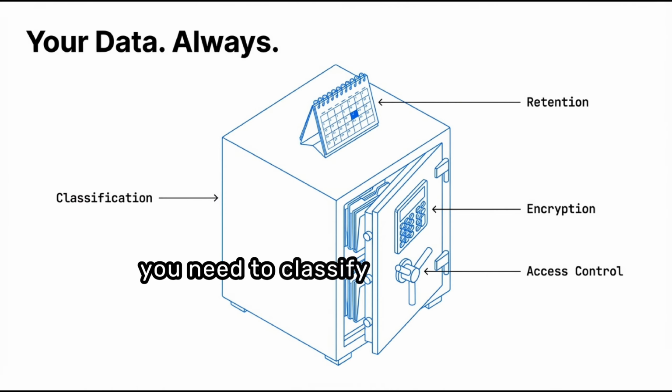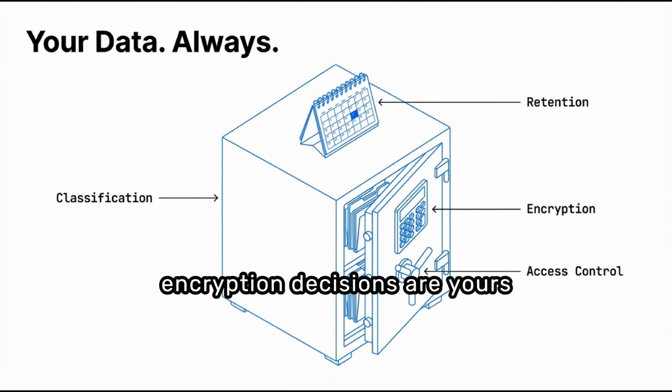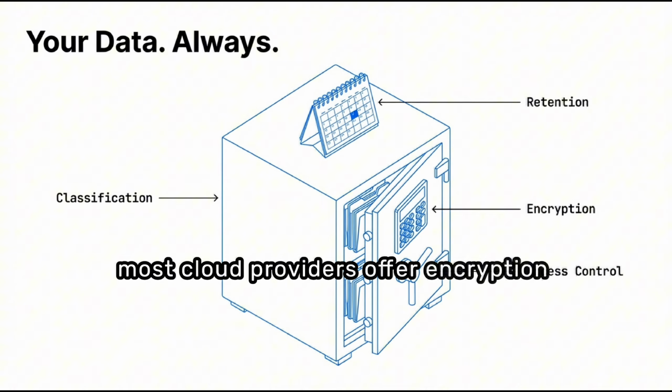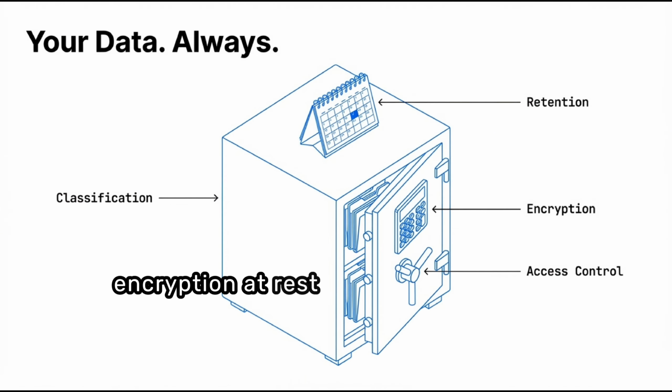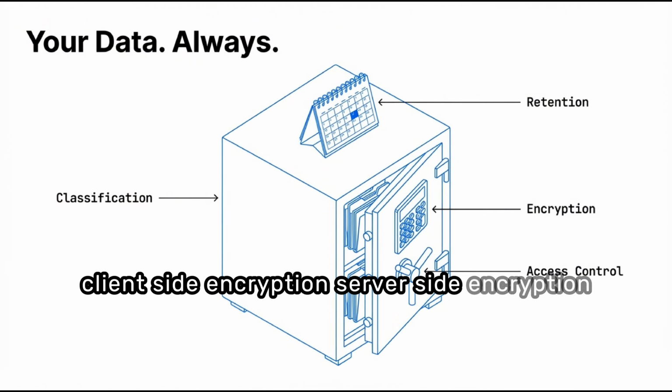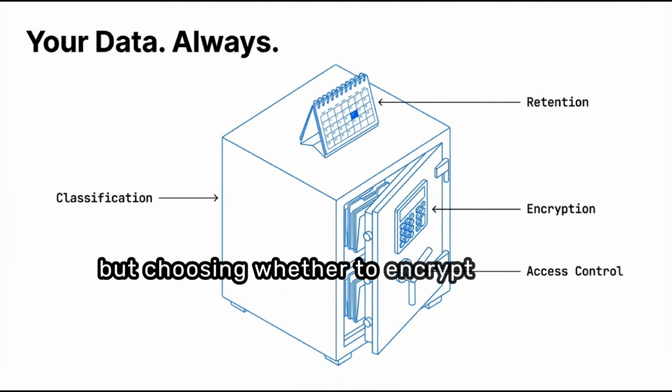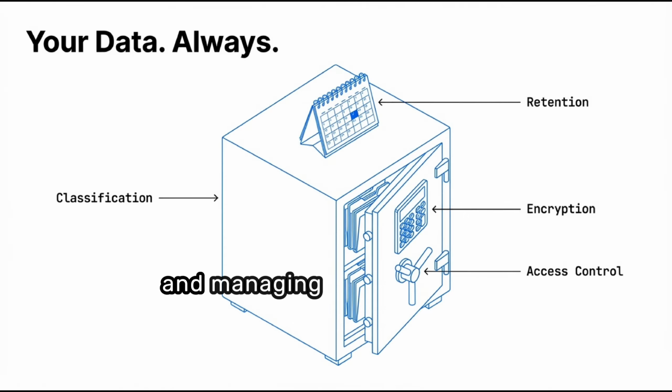You need to classify it and treat it accordingly. Encryption decisions are yours. Most cloud providers offer encryption options: encryption at rest, encryption in transit, client-side encryption, server-side encryption. But choosing whether to encrypt, what to encrypt, and managing encryption keys, that's your responsibility. The provider gives you the tools, you decide how to use them.